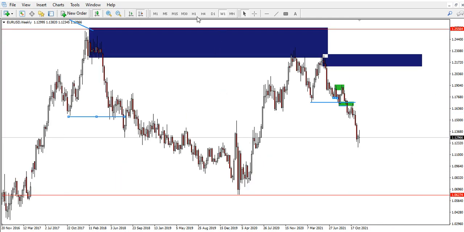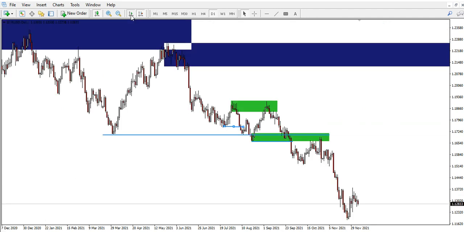As I said again, this was on a higher time frame, so there's no way that I would have held even myself here. But if you're doing this on H1 or M30 or H4, then you'll be able to hold all these entries, and then you will be on the money.